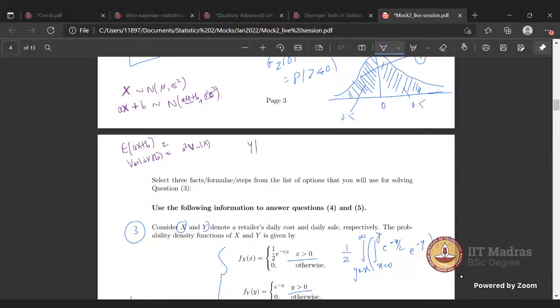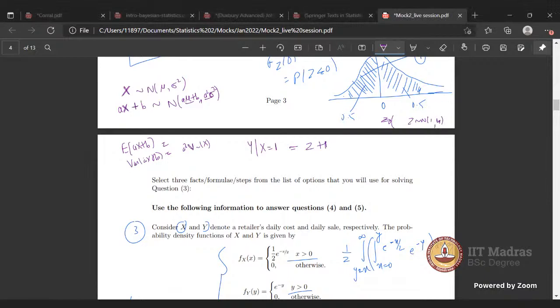So given x equals 1, the distribution of y is z plus 1. And z was given to be a normal distribution with mean 1 and variance 4, right?